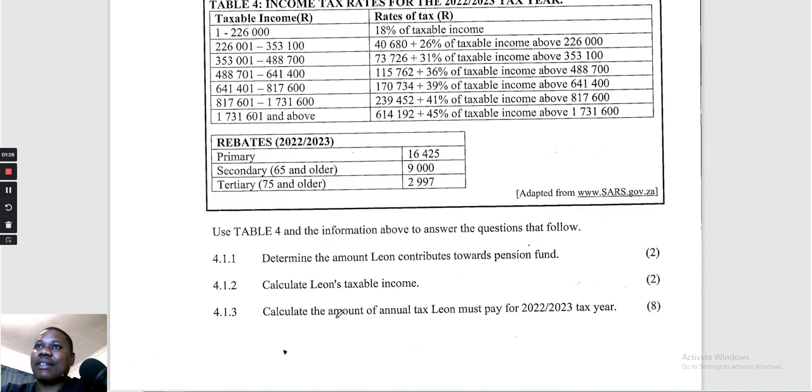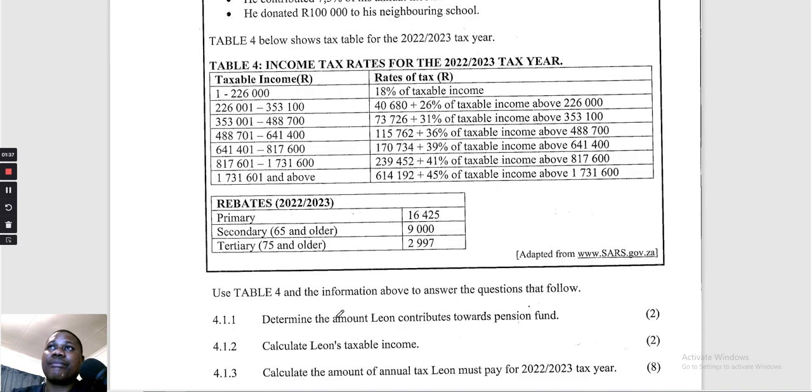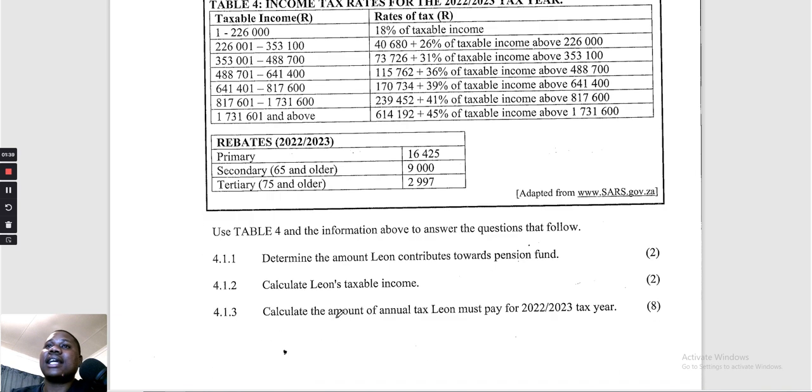4.1.1. Determine the amount Leon contributes toward pension fund. Oh, okay. Pension fund, they told us that is 7.5%. And they have told us that he earns an amount of 1,225,000.